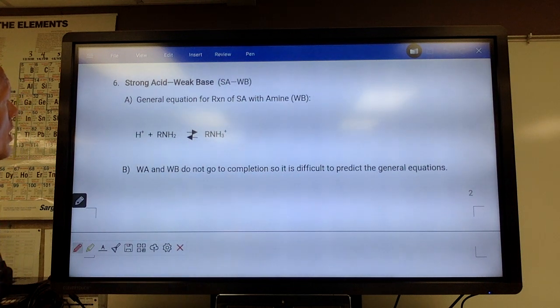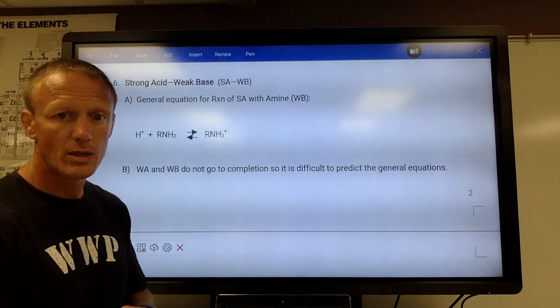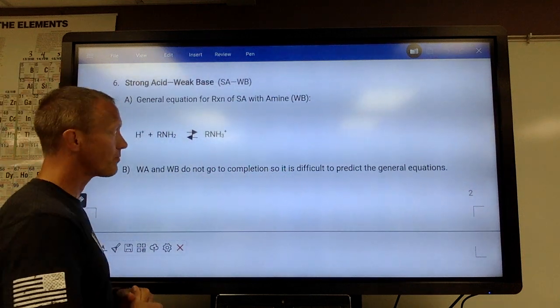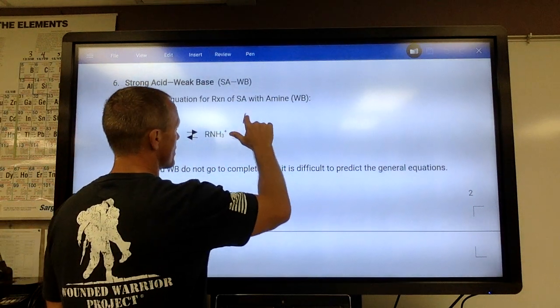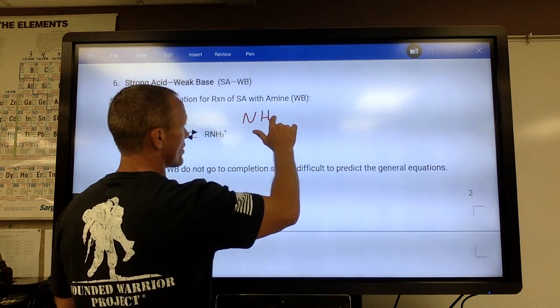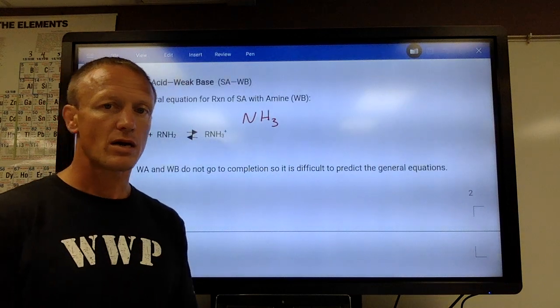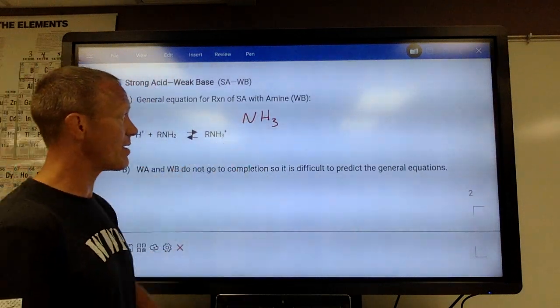Strong acid, weak base. So here's what I will show you. The only weak base I will use, the most common weak base, is a derivative of this. Not ammonium, but the ammonia molecule. So this is ammonia, that's a weak base.